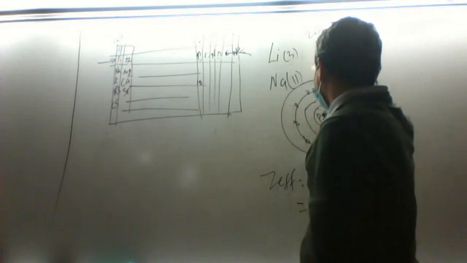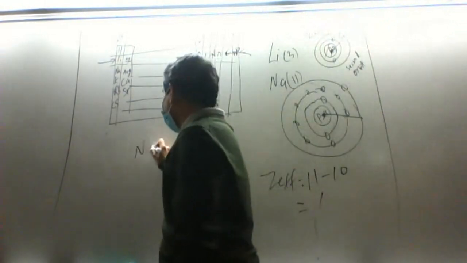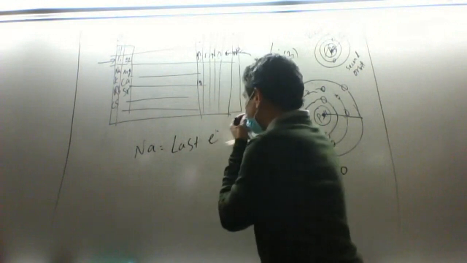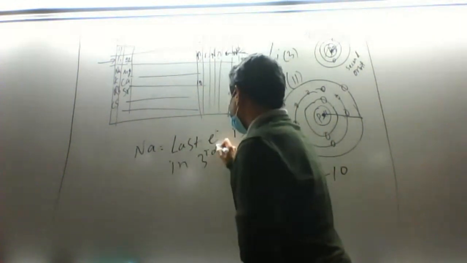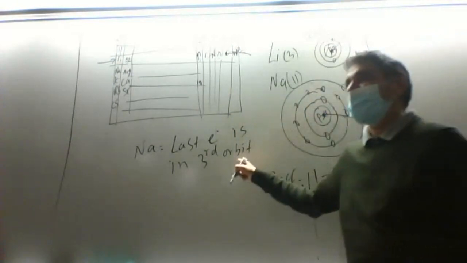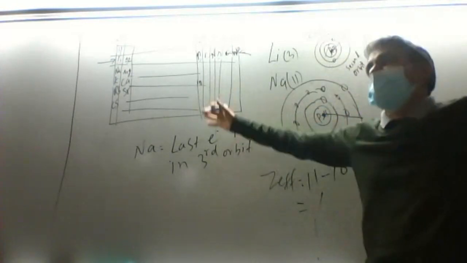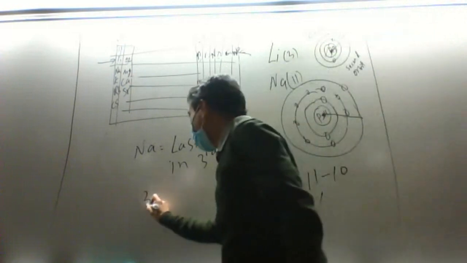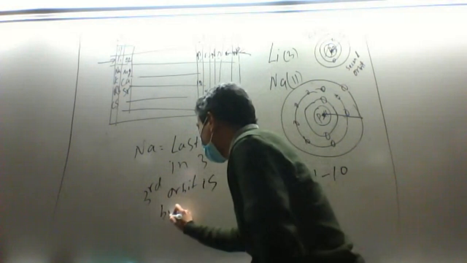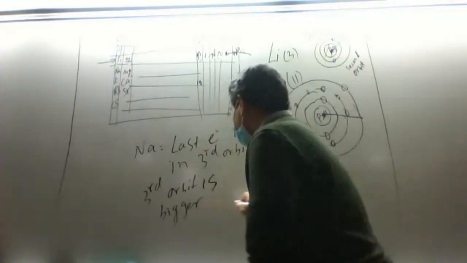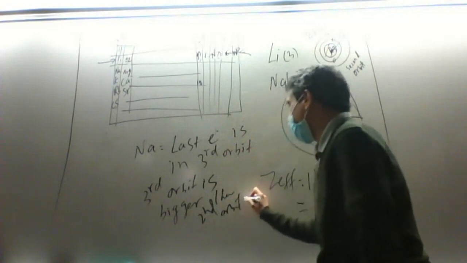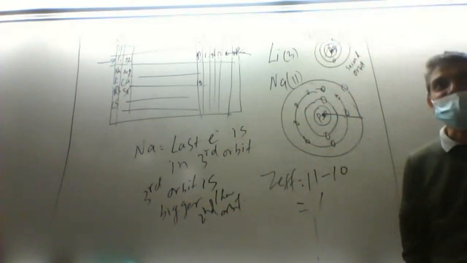In sodium, the last electron is in the third orbit. See that in sodium, the last electron is in the third orbit. So the third orbit has a too big size. The third orbit is much bigger than the second orbit, so this is definitely bigger in size.